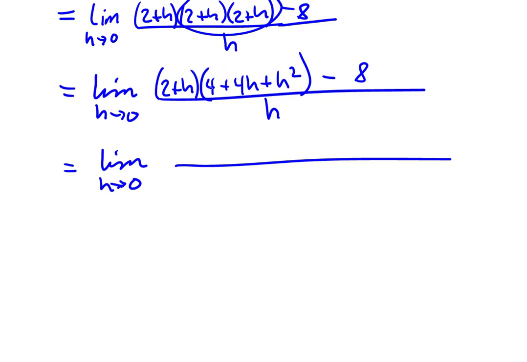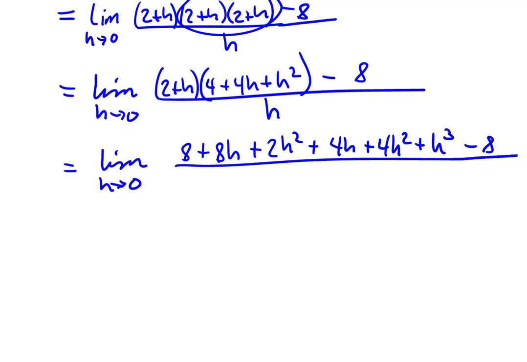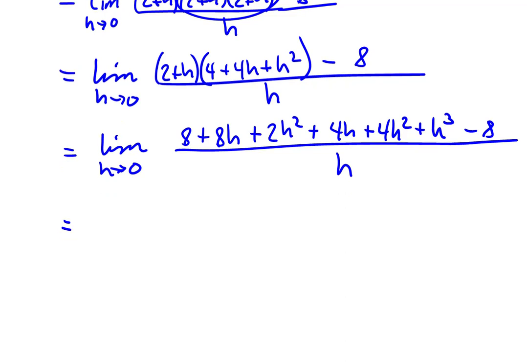So 2 times 4 is 8, 2 times 4h is 8h, and then 2 times h squared would be 2h squared. Going back through now to distribute the h, we'd have plus 4h plus 4h squared plus h cubed, and don't forget the minus 8 that is hanging on the end up there. And this is all still over h. Okay, so algebraically it almost looks worse at this point, but notice there's a little bit of simplifying we can do.